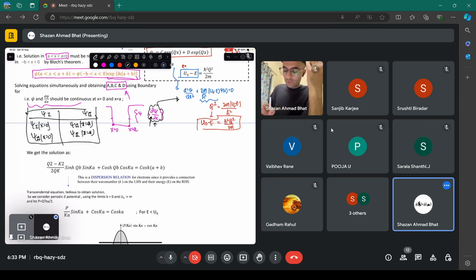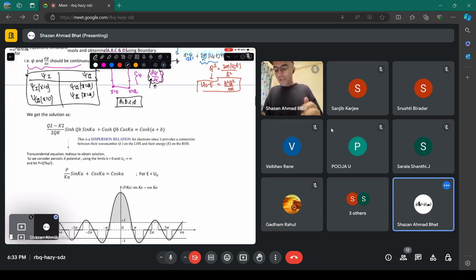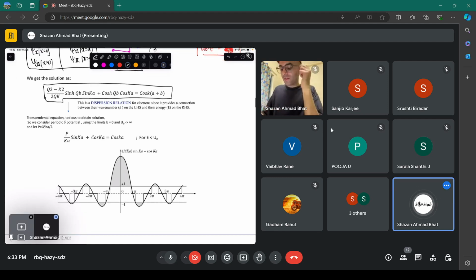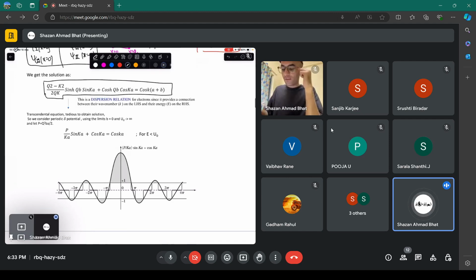When you do these things, you are going to get the values of A, B, C, and D. These are the coefficient values. When you combine those boundary conditions along with the solution, you are going to get an equation something like this. Now it's some kind of crazy equation, but it's very easy to derive if you just follow the process of applying the boundary conditions to the wave functions which you have found earlier.